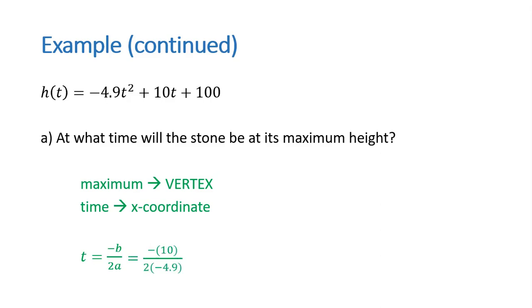If I simplify this down, negative 10 over negative 9.8, it's going to be 1.02 seconds. So again, because we're talking about time, the unit is going to be seconds. So after 1.02 seconds after throwing the stone, that's when it's going to reach the maximum height. That's when it's going to reach the vertex of that parabola. So there's one piece of information.